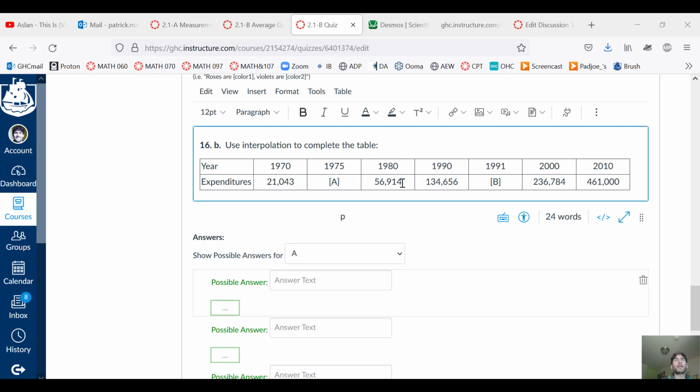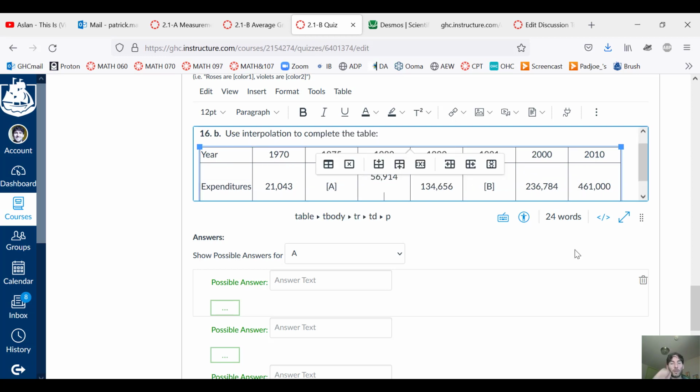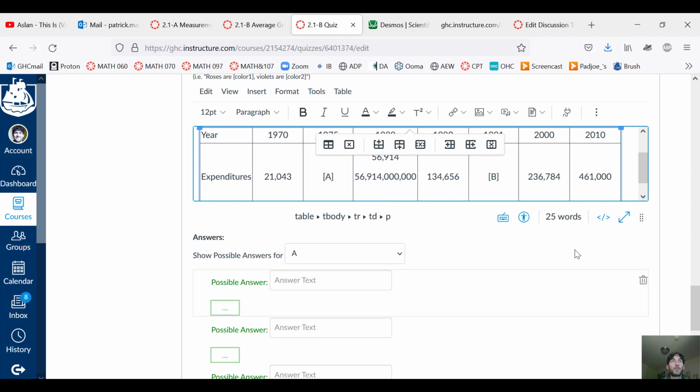By the way, that's actually in real money about 57 billion.